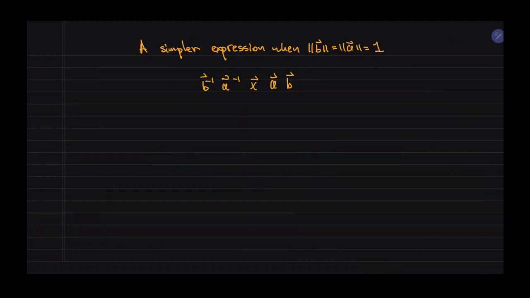From the previous slide, we have the expression to rotate x by twice the angle from a to b, and that will be b inverse geometric product with a inverse, geometric product with x, geometric product with a, and geometric product with b. Now we want to simplify this expression a little bit by assuming our vectors a and b have length 1.